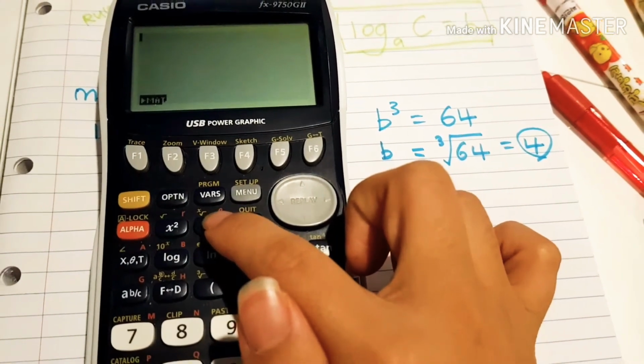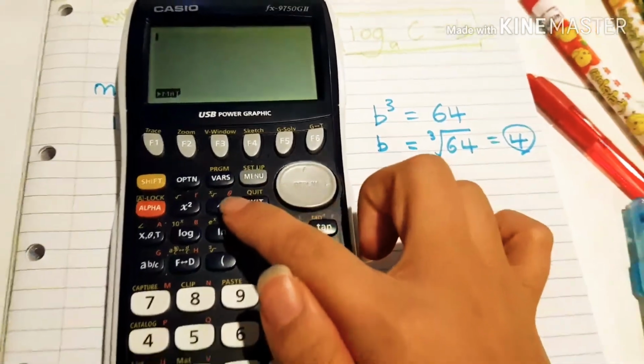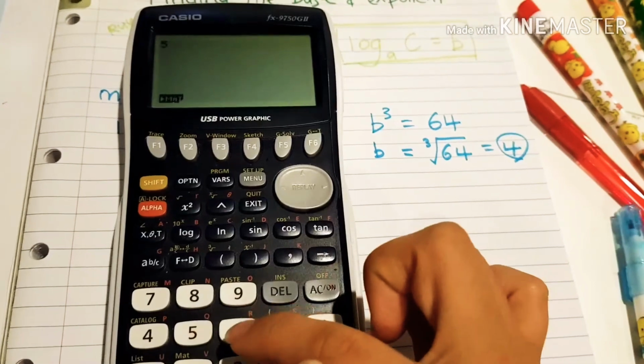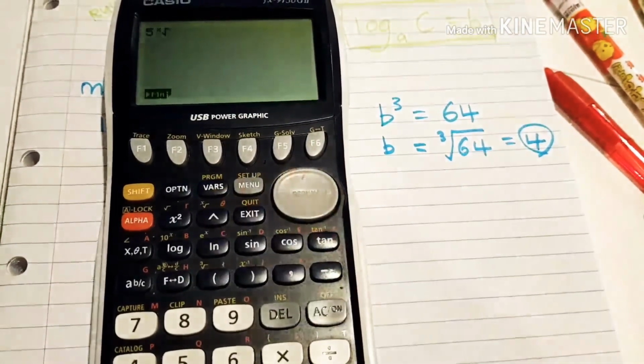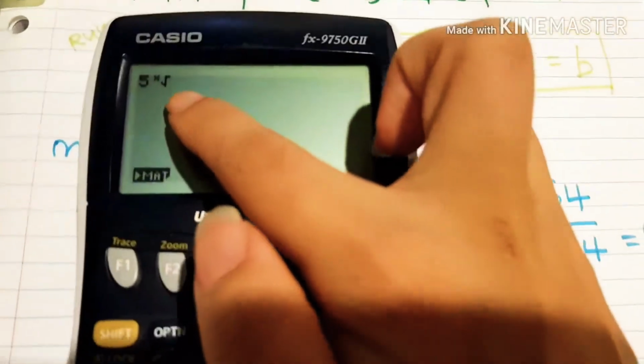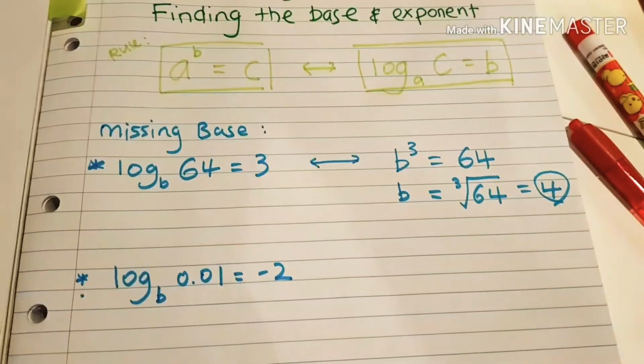Whatever x you want to put in, for example 5, I put 5 and shift this hat button. There you go. That means 5 will go in for x.